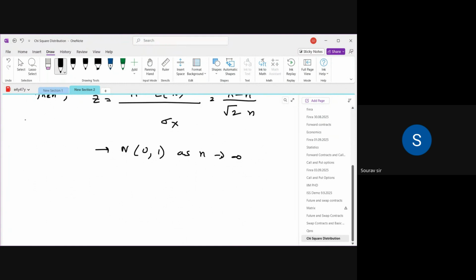But Professor Fisher proved that the normal approximation of the chi-square distribution is more pronounced if, instead of X, we consider the variable 2X, which is proved for n greater than 30. Let me show you here.